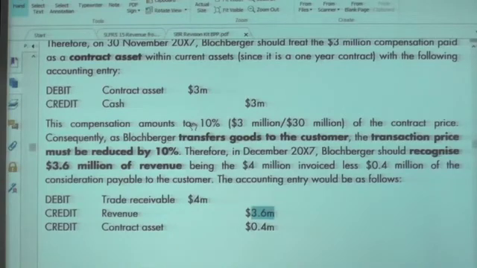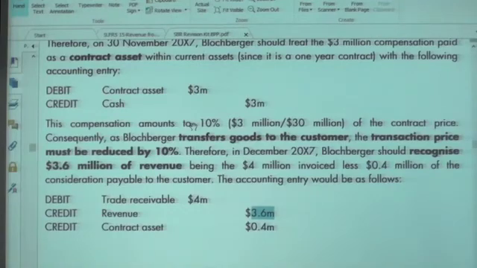Thereafter, the percentage of the consideration paid on the total price. Agreed? In our case, how much? 10%.